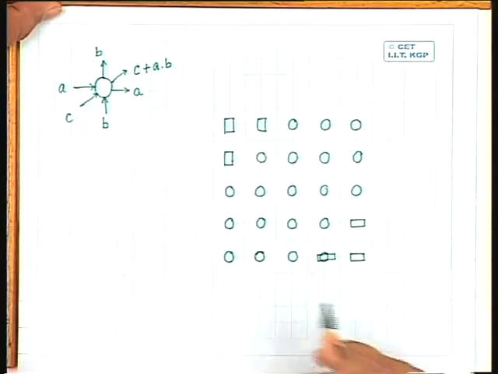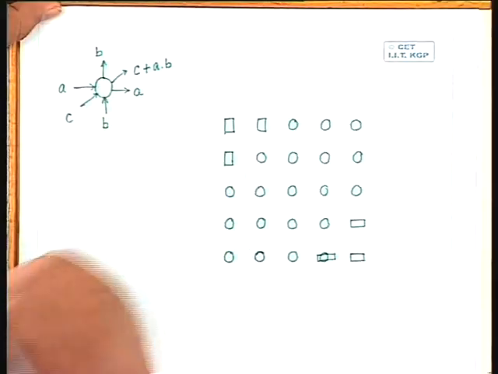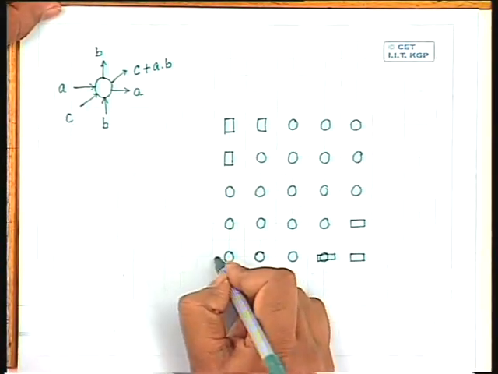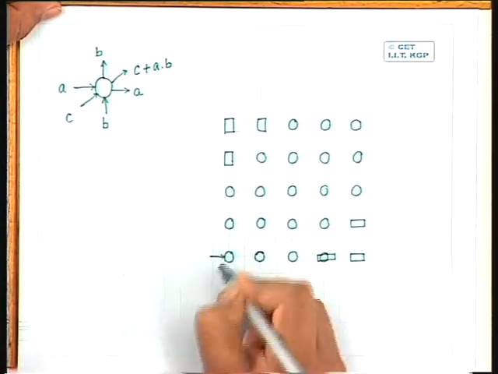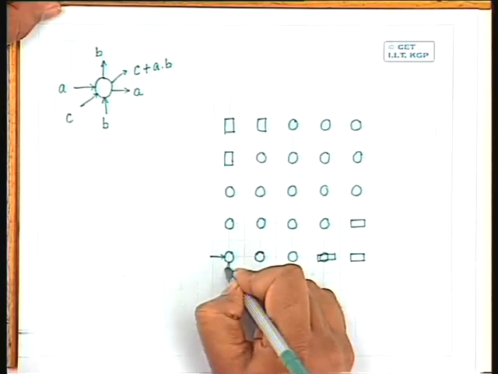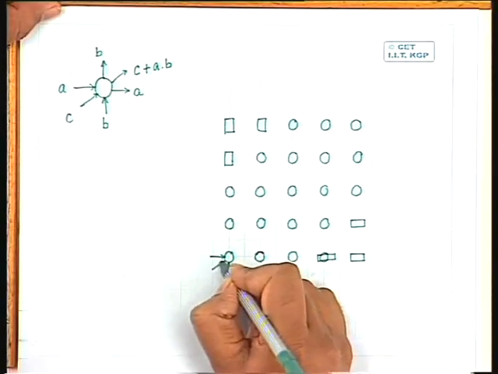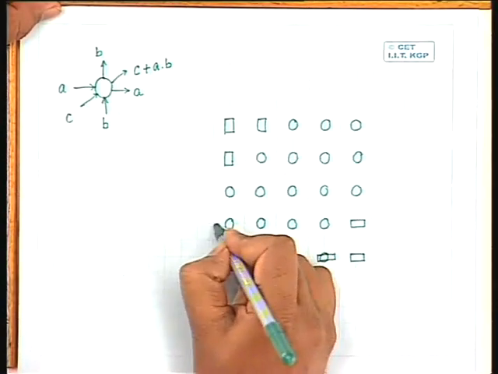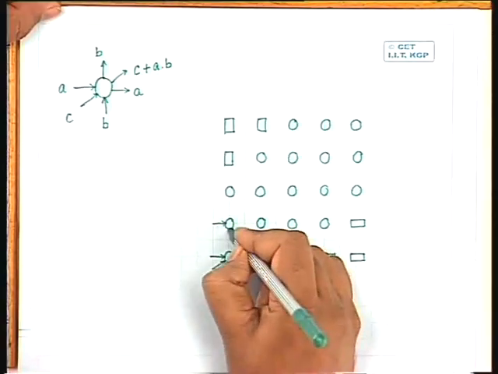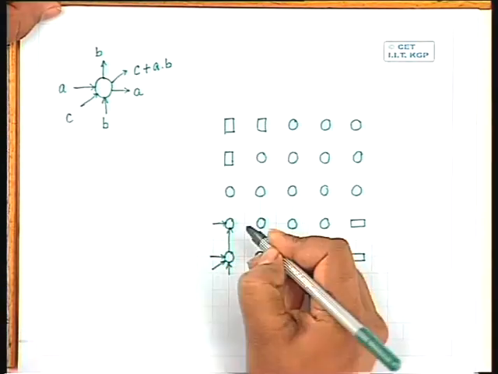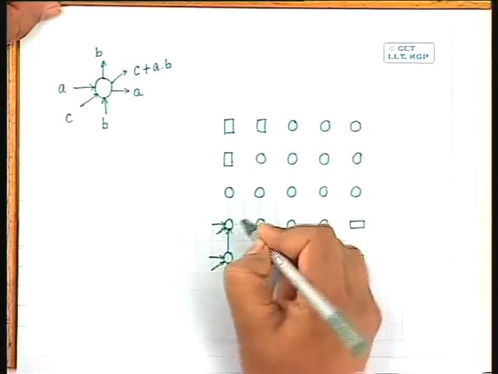Okay. So as we have said that every such processing element will have 3 inputs. One we represent as horizontal input, the other one as vertical input, and we have a diagonal input. Okay. So it is like this. The interconnection will be made of this form.